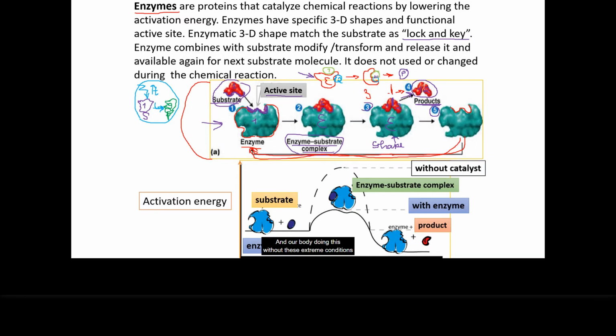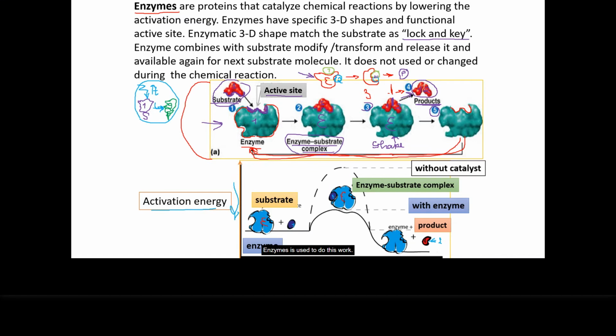And our body does this without these extreme conditions such as high temperature or high pressure, because we have these specialized enzymes, which reduce the activation energy to modify one substance, like in here the purple molecule, and make from it a different molecule, like in here the red product, make it absolutely different. So we use enzymes in our cells, shown here in blue.